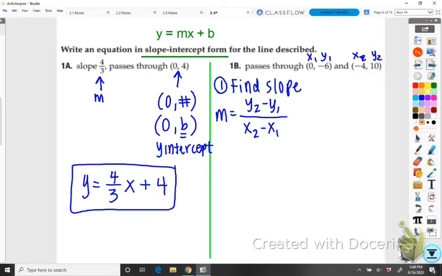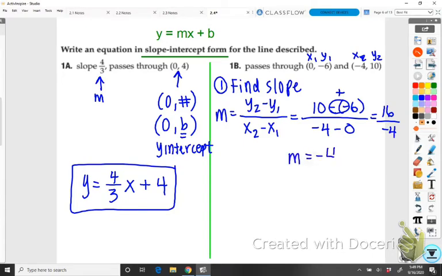So this is going to be 10 minus a negative 6 at the top, negative 4 minus 0 underneath. The two negatives in a row make a positive, so this is 6 over negative 4. So that actually is a slope of negative 4 if you divide that out.